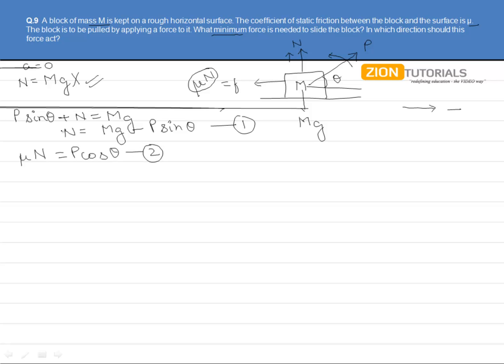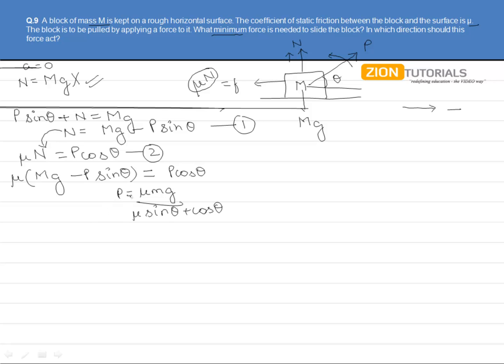Now, putting the value of normal reaction from equation number 1 into equation number 2, we get mu into (mg minus P sin theta) equals P cos theta, giving us P equals mu mg by mu sin theta plus cos theta.